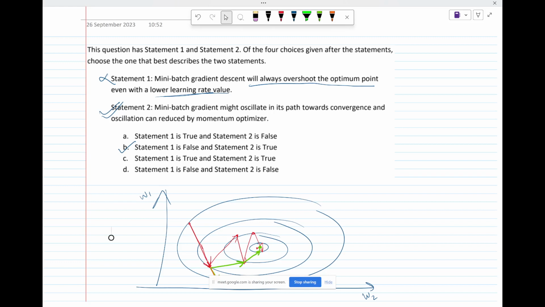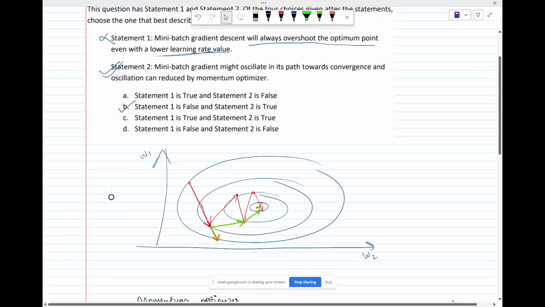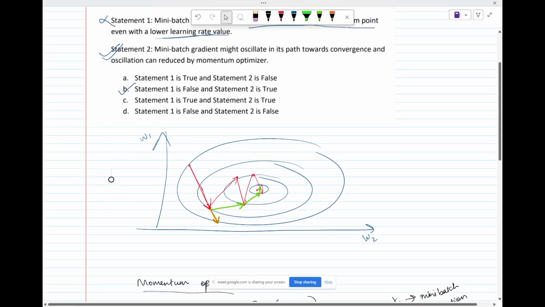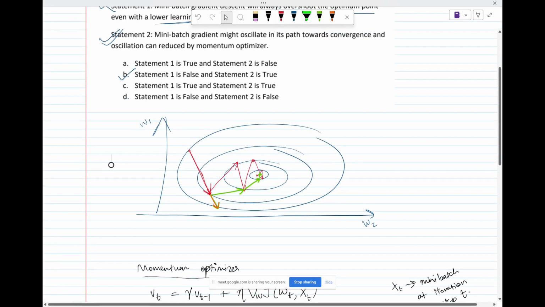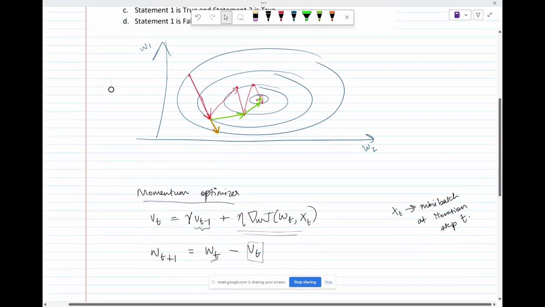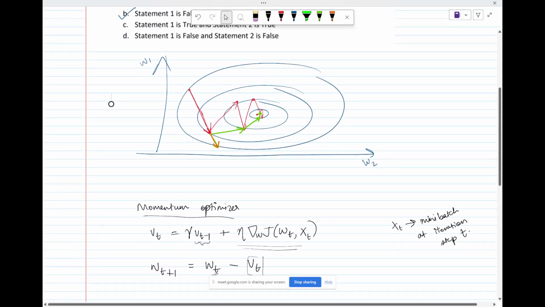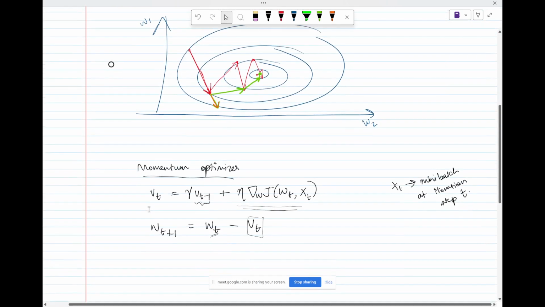Statement 2 is talking about the oscillation that happens when you are using minibatch gradient descent. By introducing the momentum term, the oscillation sort of reduces. So you need to understand what this momentum term is and what role it is playing.